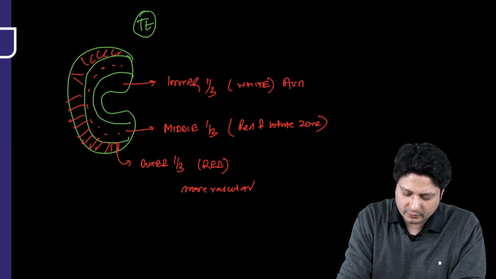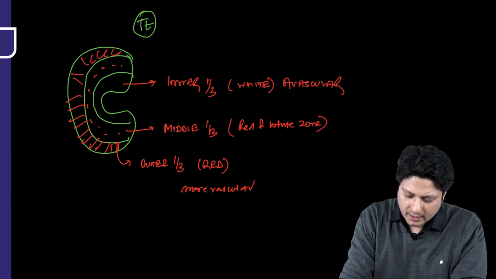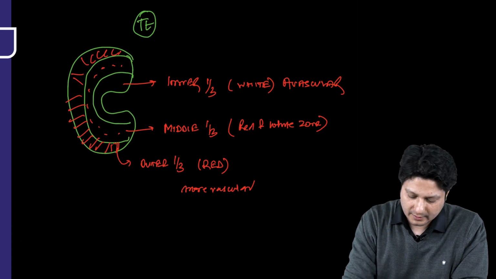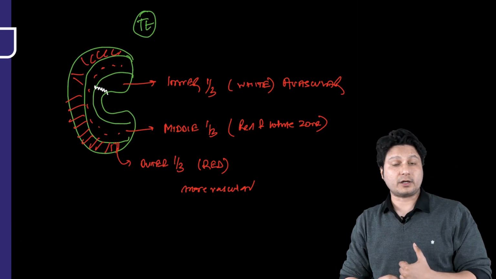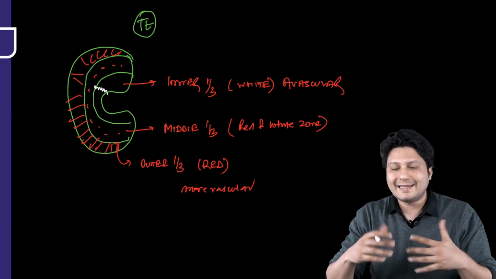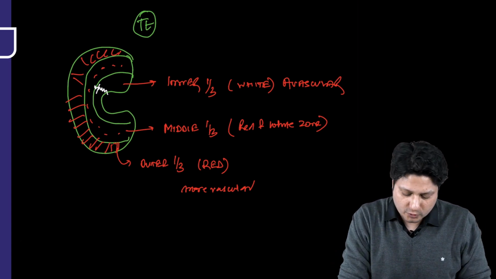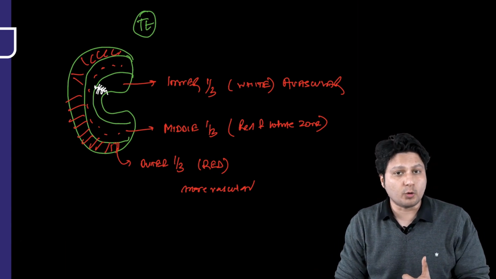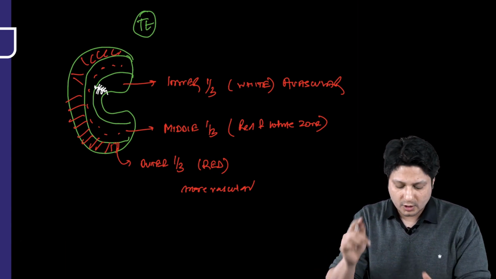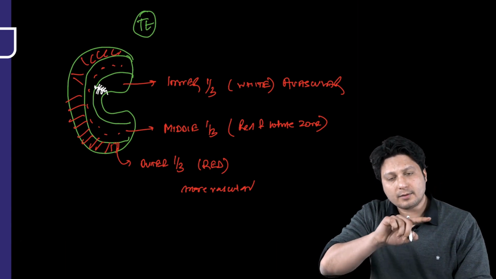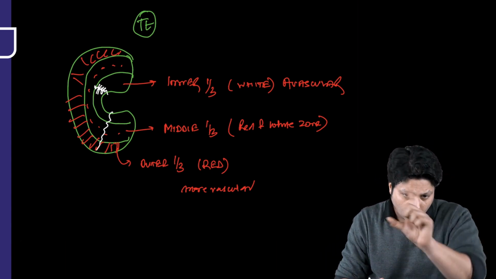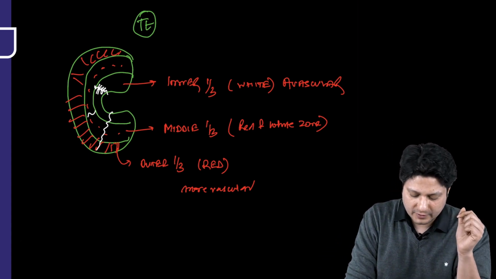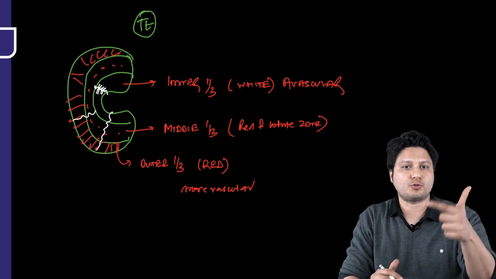Now if there is a break in the inner one third zone, there will be no healing, because even if you suture or repair it, there will be no healing as this zone is avascular. So any break involving the inner one third has to be removed, while any break involving the outer two thirds has to be repaired.